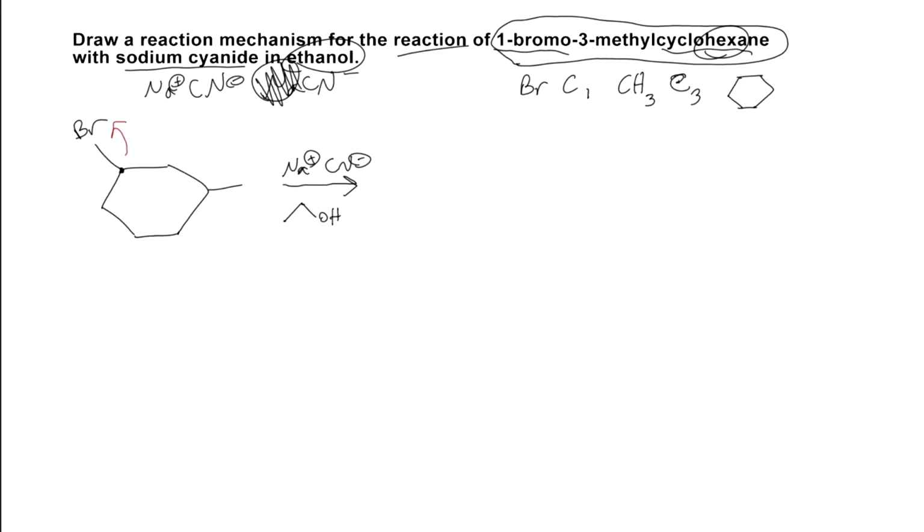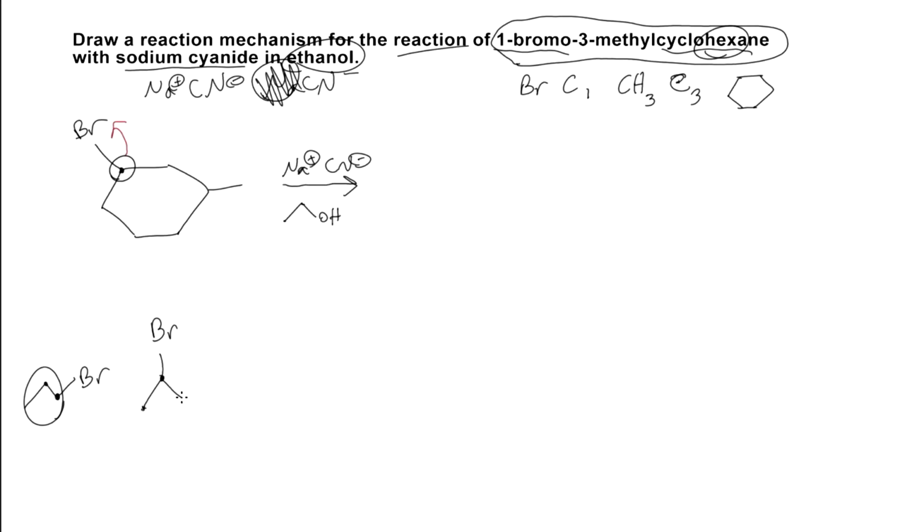Also, we have to take into account this carbon that is attached to the bromine. At this bond, we have to determine which degree of alkyl halide this is. If we draw examples of each, we could have a primary alkyl halide, in which bromine is only bonded to one other carbon, over here. We could have a secondary alkyl halide, where the bromine is bonded to 2 different carbons.